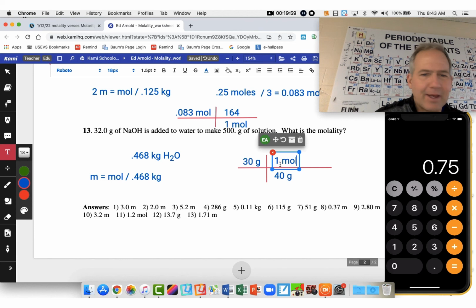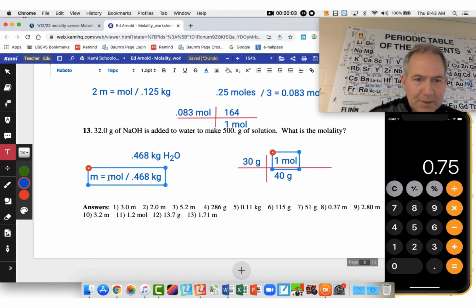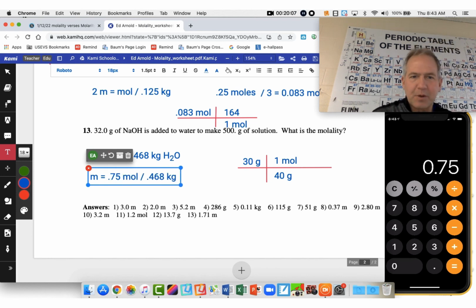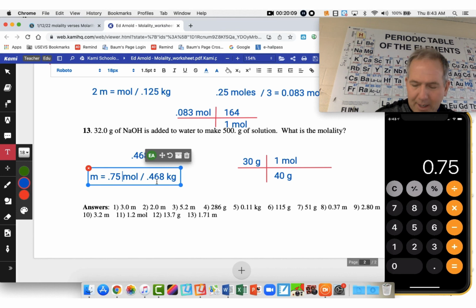I could have done that in my head. And so 0.75 moles is 0.75 moles divided by 0.468. 0.468, that is correct. And I got 1.6.